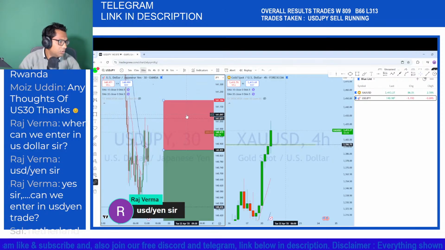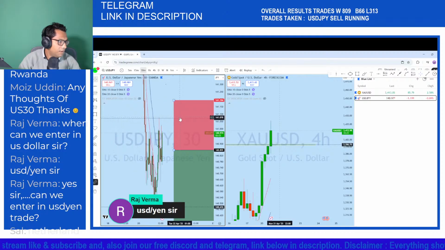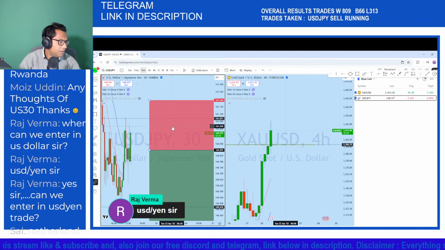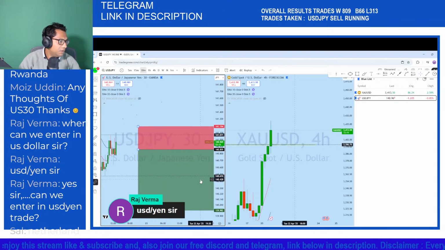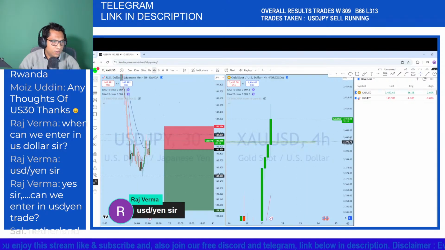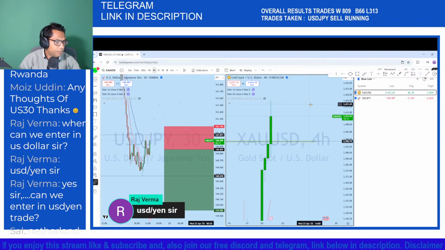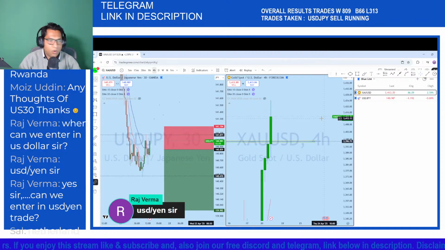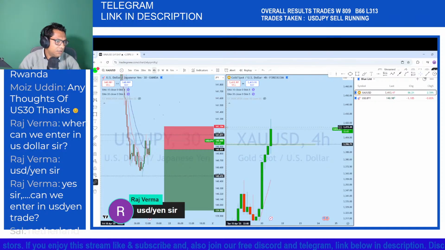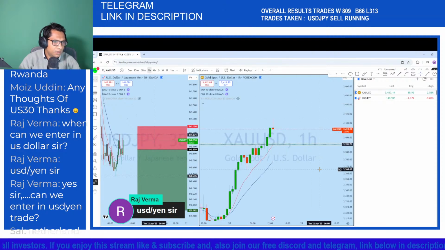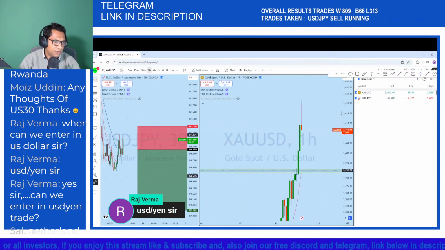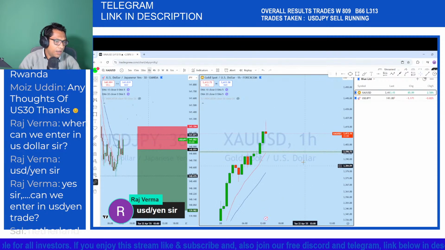The 30 minutes closing on dollar yen. Let's see what kind of price action is trying to form here. While gold is, this is the 1 hour candle.